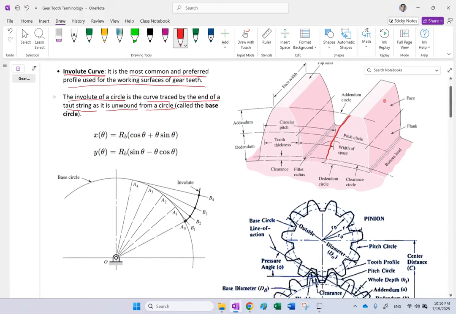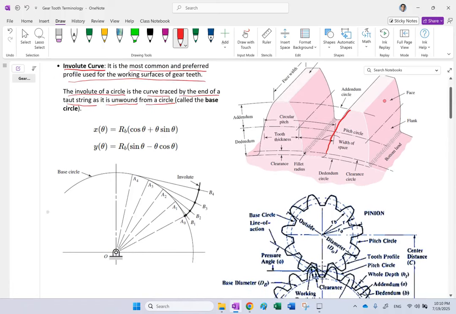You open it up. So let's say here you have this string that is wrapped around the circle, and then you start to unwrap it, starting from point A naught. Okay, so initially it's at A naught. Then let's say you pin down the point A1.